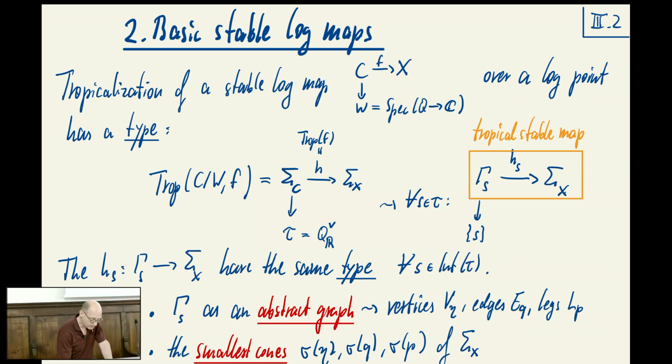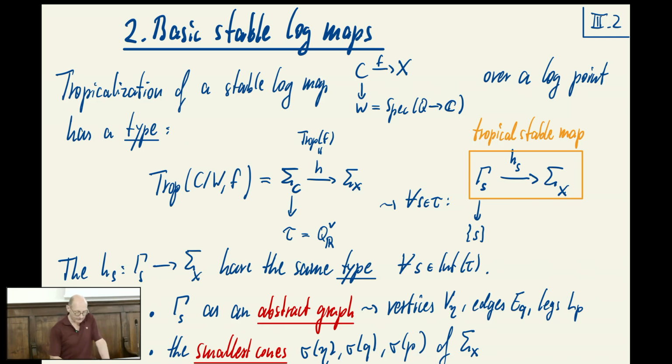So this is correct here. So for each S in the base, you get a graph, gamma S, and a corresponding map to sigma X as a map of polyhedral complexes, which is called a tropical stable map. And of course, you can define this abstractly without knowing that it's a tropicalization of a logarithmic map.